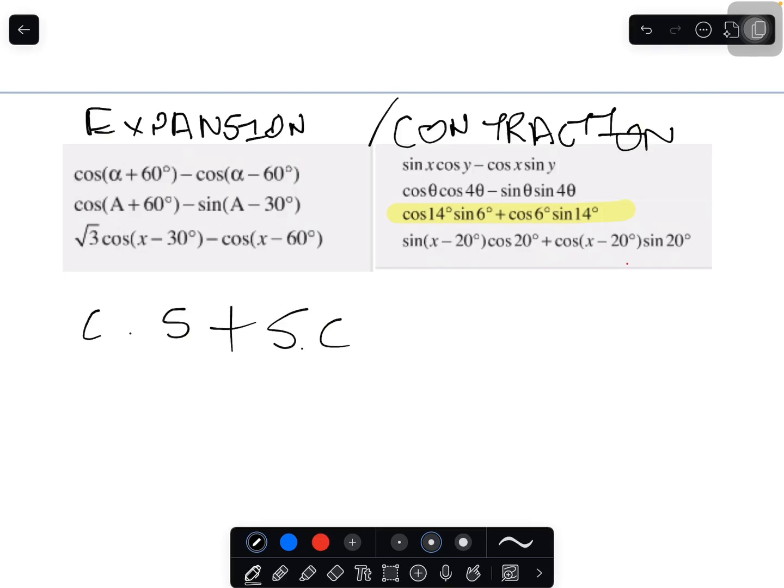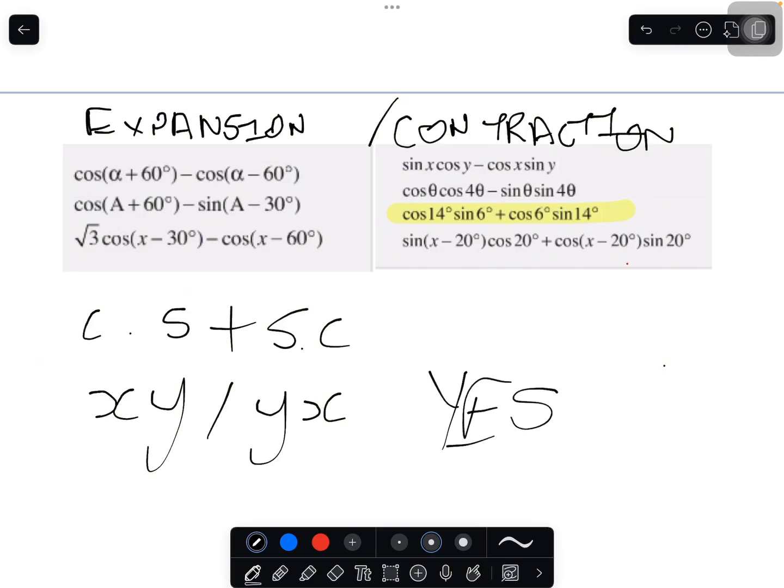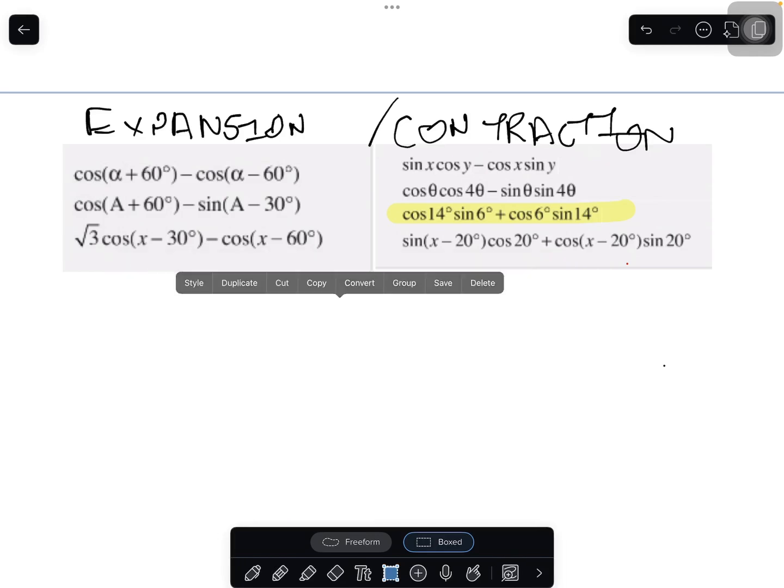And I just want you to think about this. If I have xy, or if I have yx, and I'm multiplying these two, aren't they the same? The answer is yes, they are the same term. So it's still the same thing because we multiply, and because we multiply, those two terms can be in a different order.